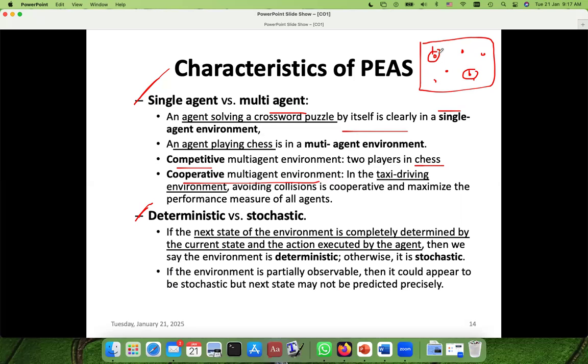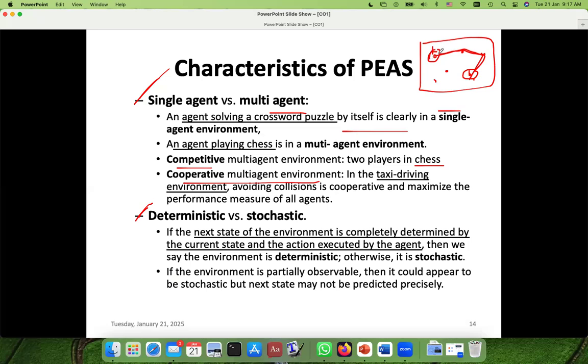If the path is available somewhere like that, then your agent can move from this to this, then from this to this, and then from this to this. So moving from this city to that city is an action.